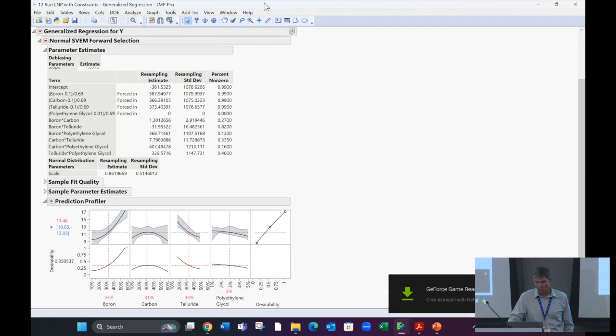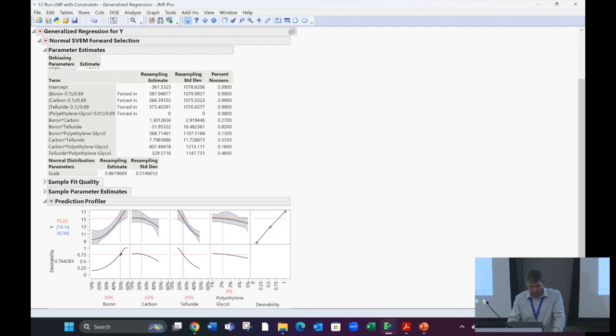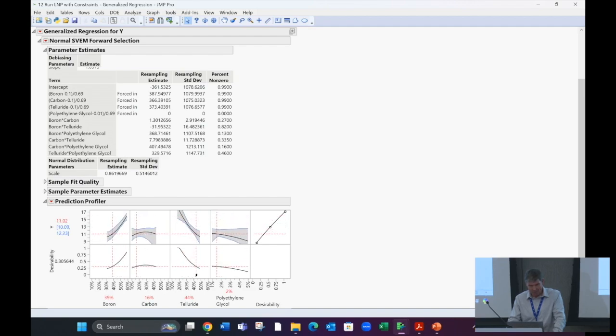And here's what's nice, is essentially what that molecular weight stoichiometry said is that the sum of boron and carbon has to be less than the total amount of telluride. So as I start increasing my boron here to 52%, you can see how the constraints come in, how it doesn't allow me to do that.